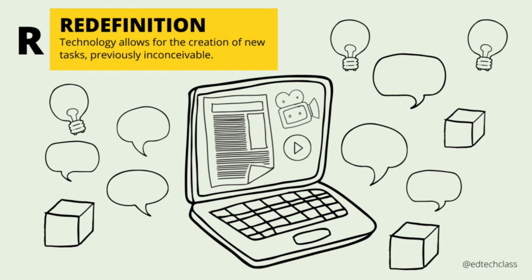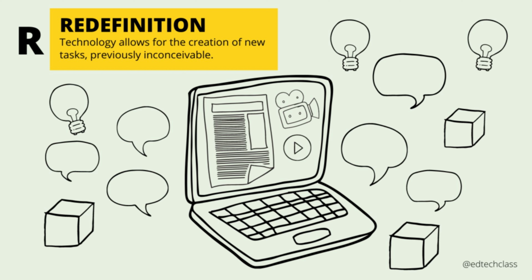The last level of the SAMR model is redefinition. Technology allows for the creation of new tasks previously inconceivable. So redefinition is when technology creates entirely new tasks, learning opportunities, or outcomes that are impossible without technology.